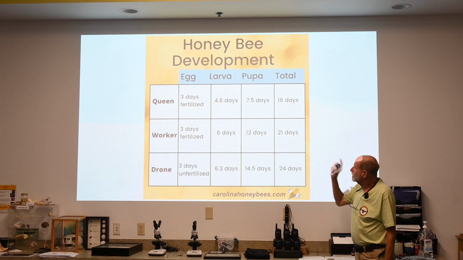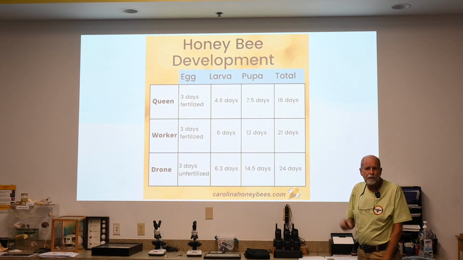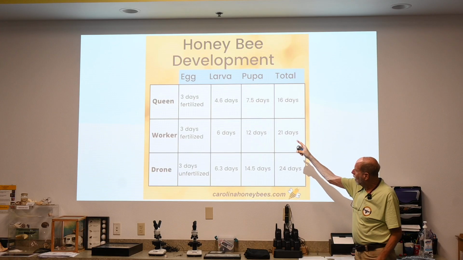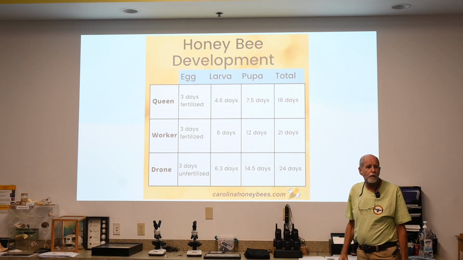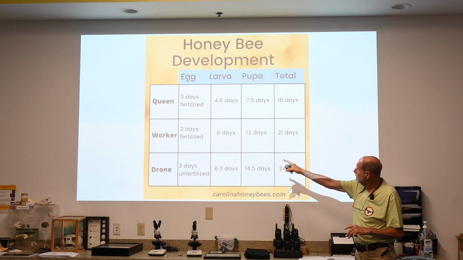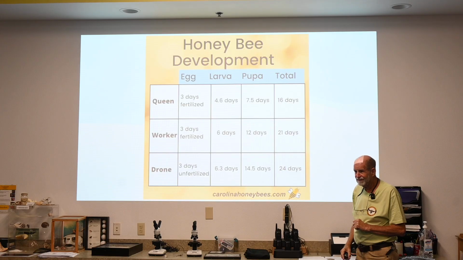Okay. The difference between a queen and a worker bee, both being fertilized eggs, is their diet. To begin with, all 3 are fed royal jelly for the first 3 days. Then when it changes into the larva stage, the diet changes. If the workers continue to feed it the royal jelly, it becomes a queen.